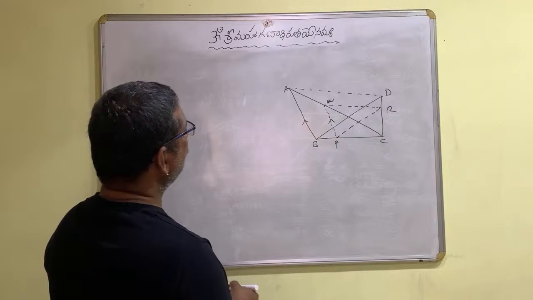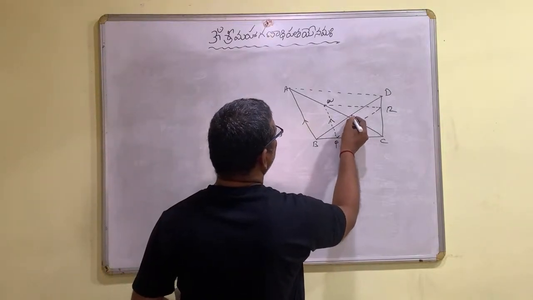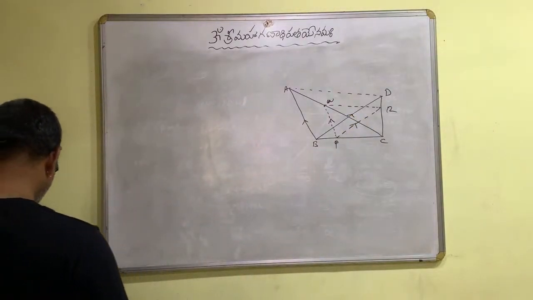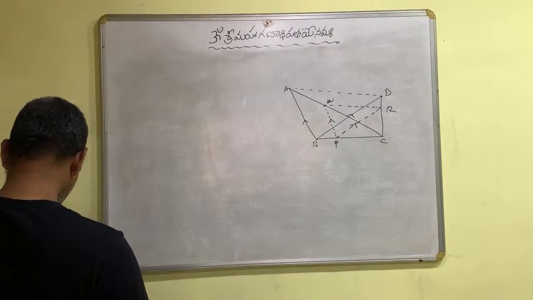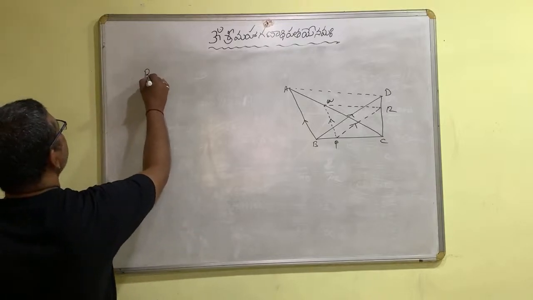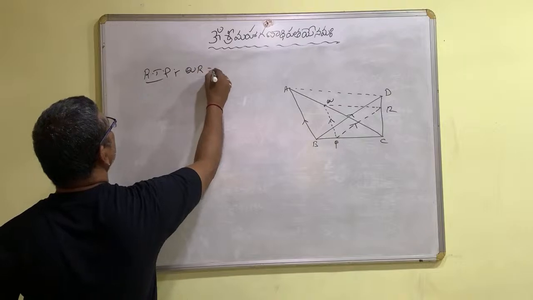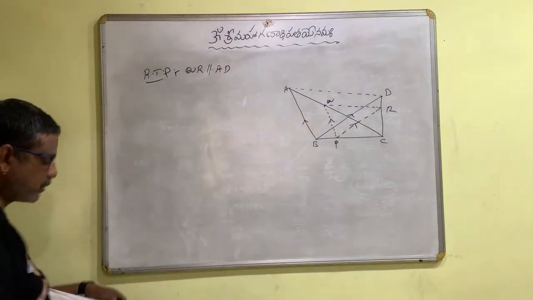PR is parallel to BD. And what we have to prove? QR parallel to AD. This is the question.